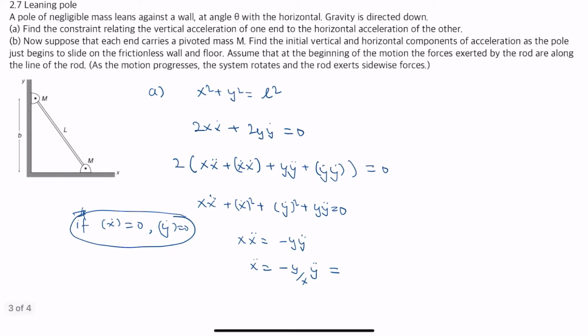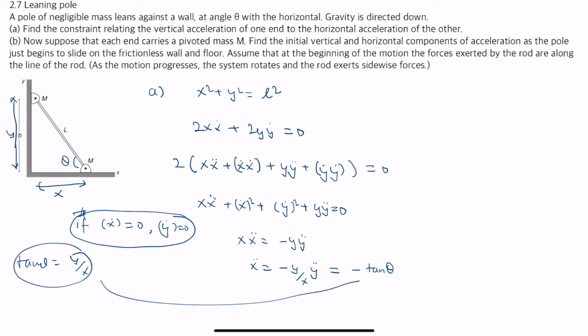That will be minus tan theta, if this angle is theta, since this would be some x value and this is some y value. Tan theta is y upon x, so the equation is x double dot equals minus tan theta times y double dot, right?